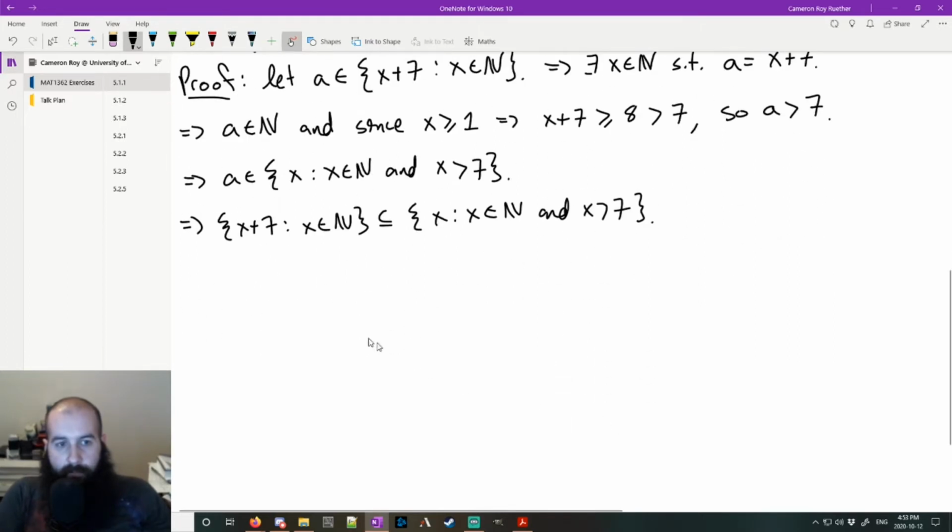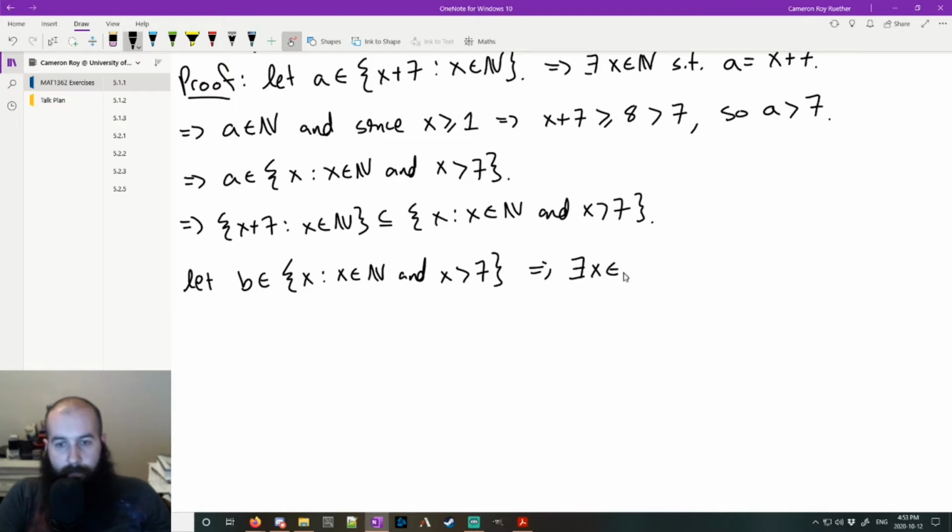Now going in the other direction, if we let B be a generic element of the second set, this means that there exists a natural number x such that x is greater than 7 and B is equal to x.